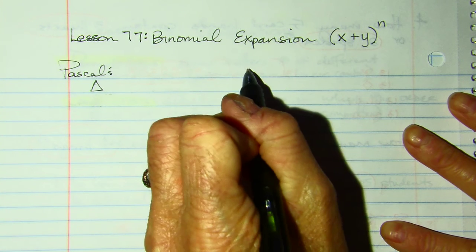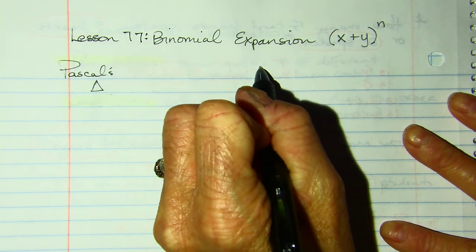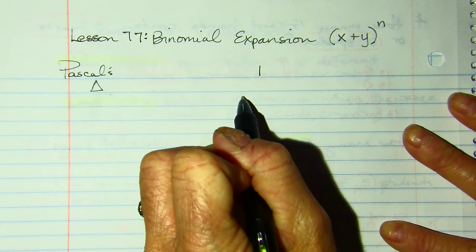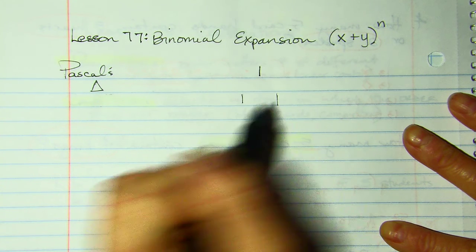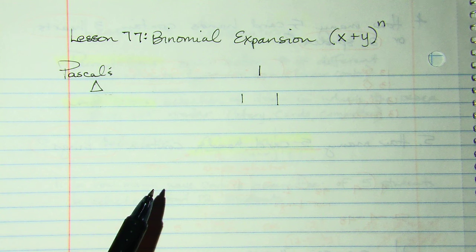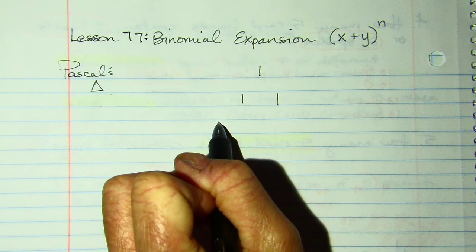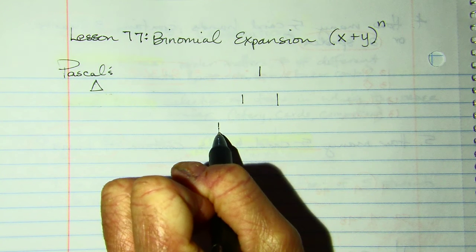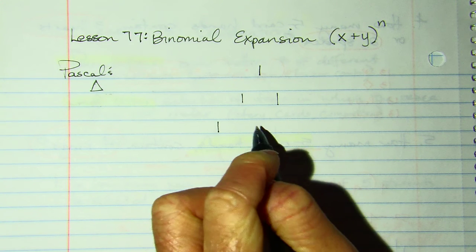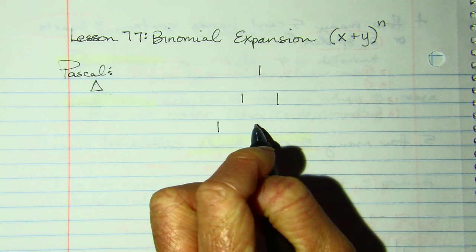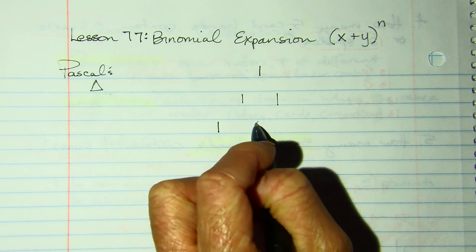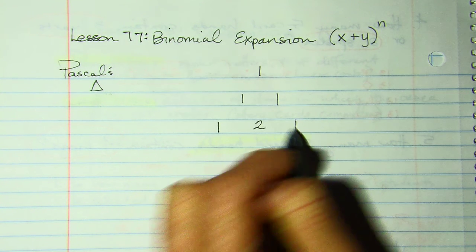So Pascal's triangle begins with a 1 on top. And then the next row is two ones. Notice I spaced it so that it forms a triangle. Now the pattern for every row from here on out is every row begins with a 1 and stagger it to the left. And then the sum of the two numbers above equals the next number. So 1 plus 1, this is 2, and ends with a 1.